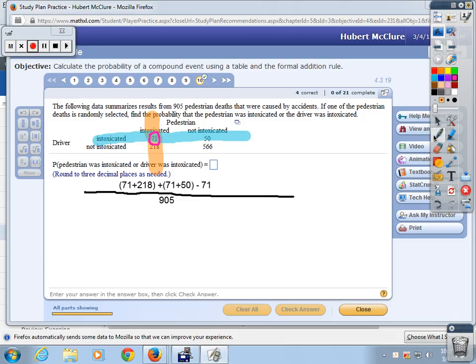And somebody give me that number to 3 digits. .375.